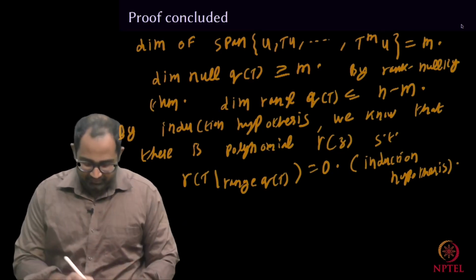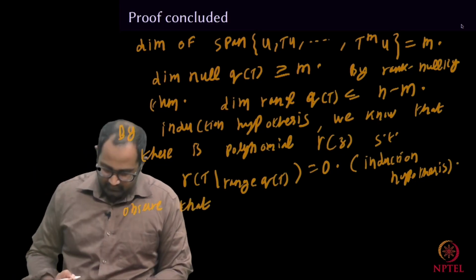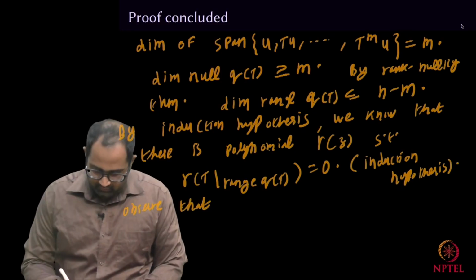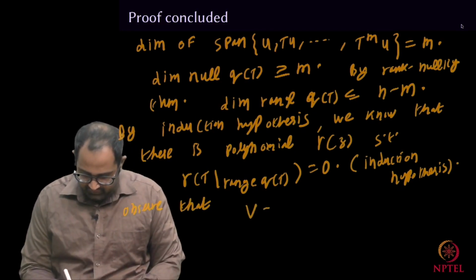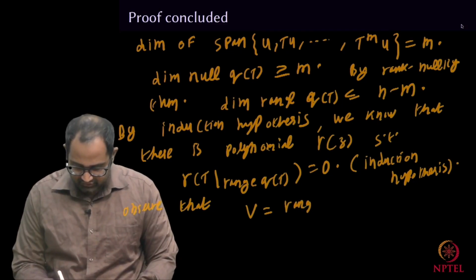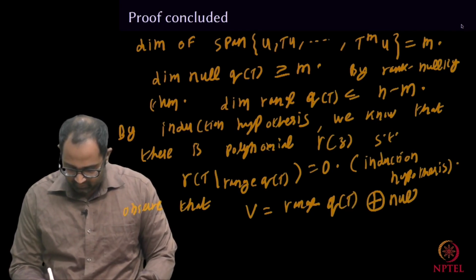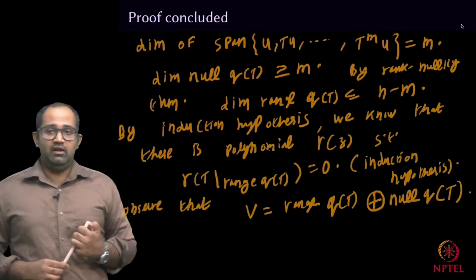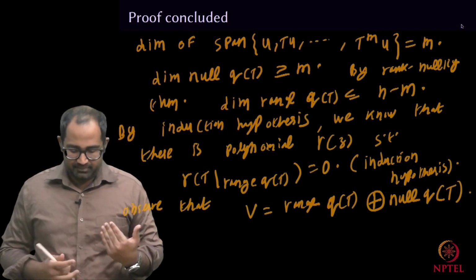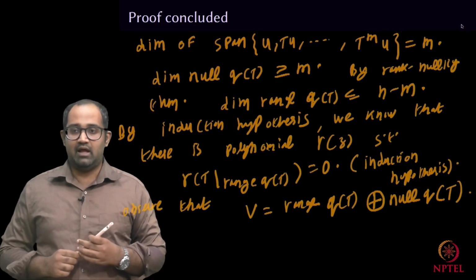Well, observe that the original vector space V is actually range of Q of t direct sum null space of Q of t.